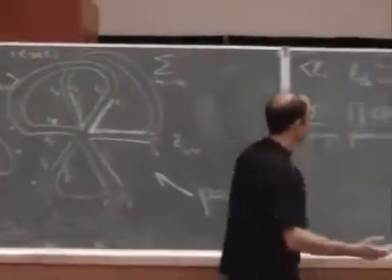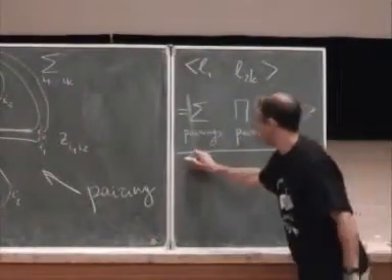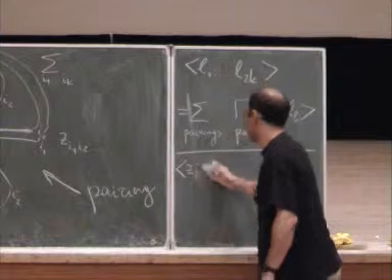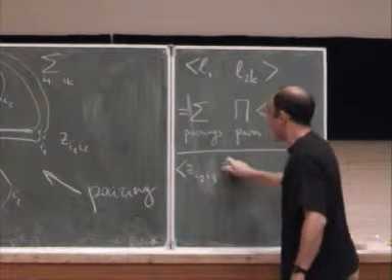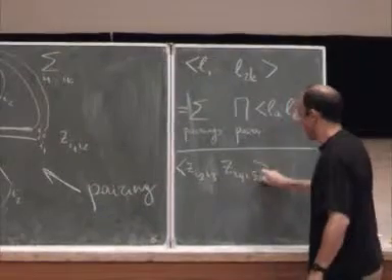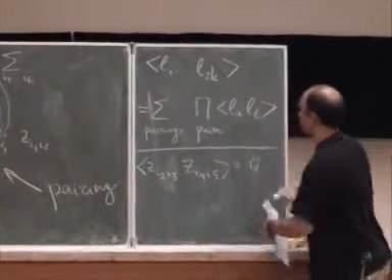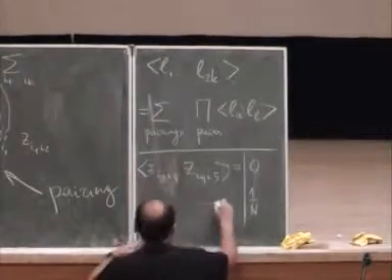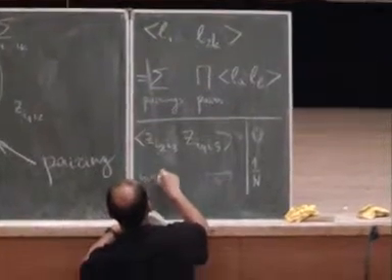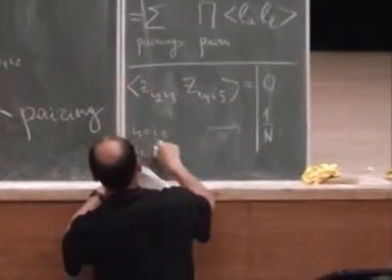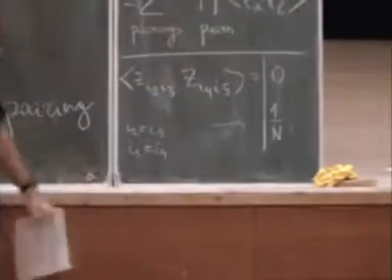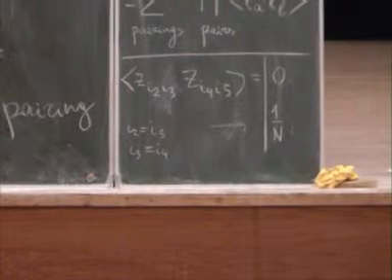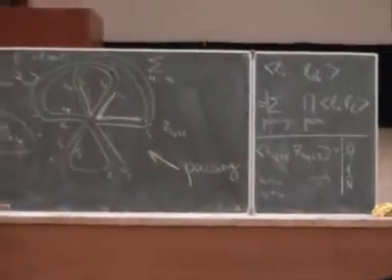Let me write it here: the expectation of z i2 i3, z i4 i5 is equal either to 0 in most cases, or to 1 over n if i2 is equal to i5 and i3 is equal to i4. Right, so in the end, what do I get?